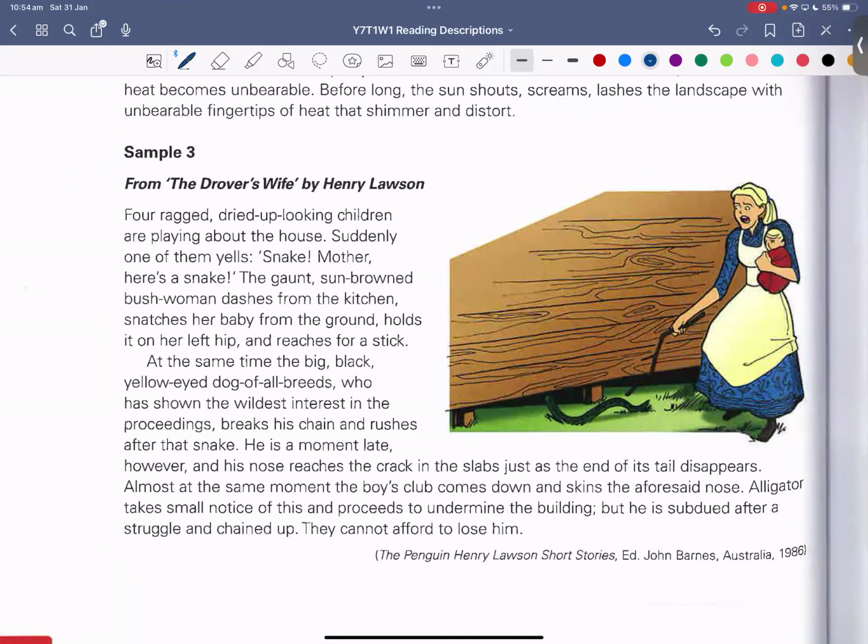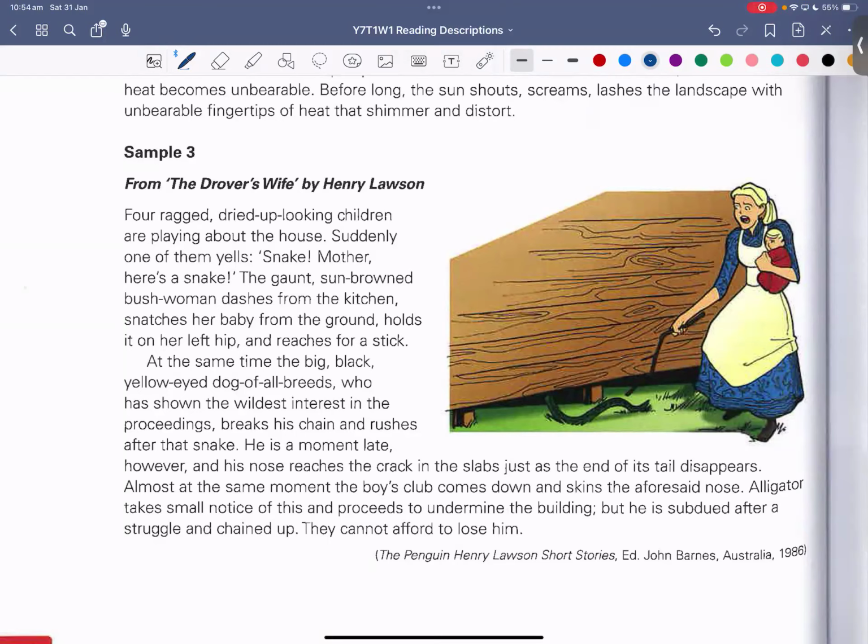Okay, yeah. Four ragged, dried-up little children are playing around the house. Suddenly, one of them yells, "Snake! Mother, there's a snake!" They run; she dashes from the kitchen, snatches her baby from the ground, holds it on her left hip, and reaches for a stick. At the same time, the big black, yellow-eyed dog of all breeds, who has shown the same interest in his game, breaks his chain and rushes after the snake.